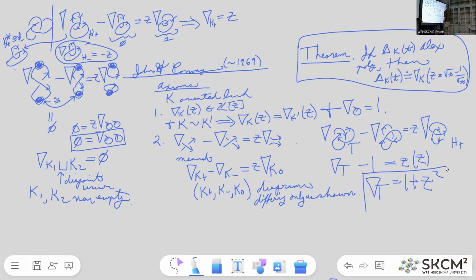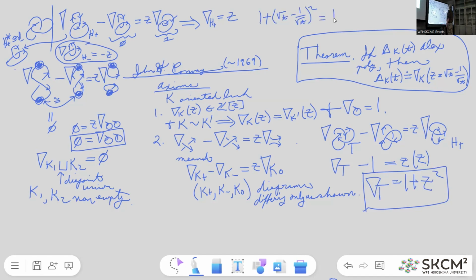And now we can illustrate the Conway theorem. Because what if I were to take 1 plus root T minus 1 over root T and square it?